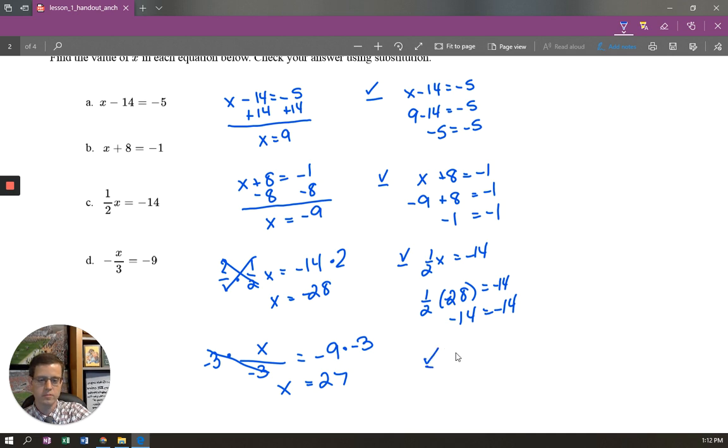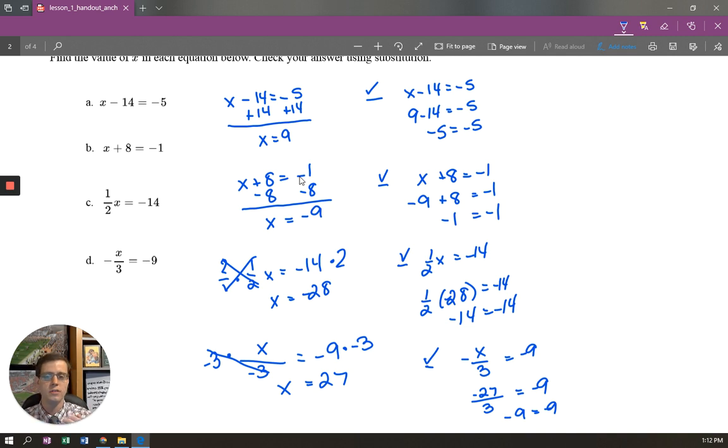When I check that, negative x divided by 3 equals negative 9, put in the 27. So negative of 27, bringing the negative with the x, divided by 3 equals negative 9, and sure enough, negative 9 equals negative 9, so that checks out.